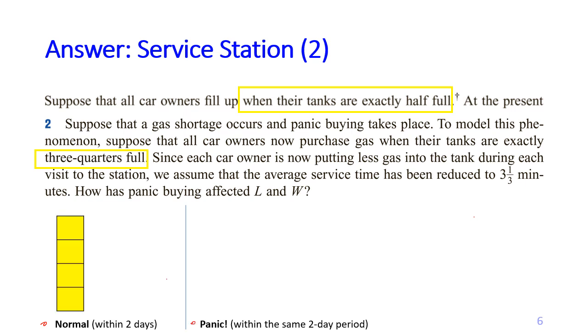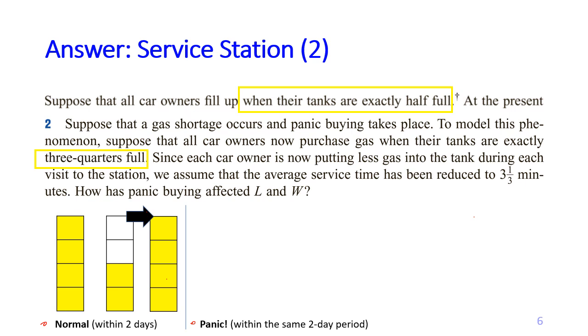In the normal condition, suppose we fill our tank up to full, and then in 2 days we will come back to this service station to refill the tank until it becomes full again. So this happens within 2 days.